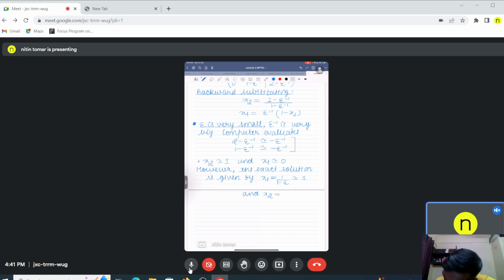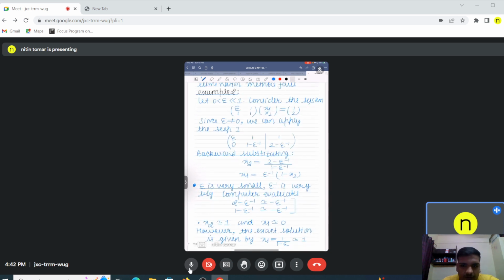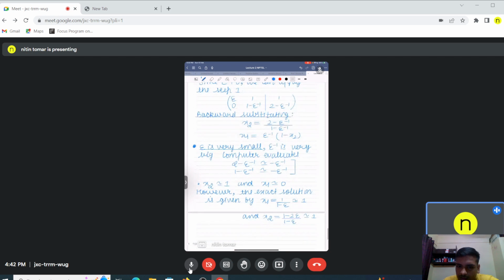And x2 is 1. These are the exact solutions. So in this particular example, if you use backward substitution with naive Gaussian elimination, the answers are wrong, correct? Do you get the point?